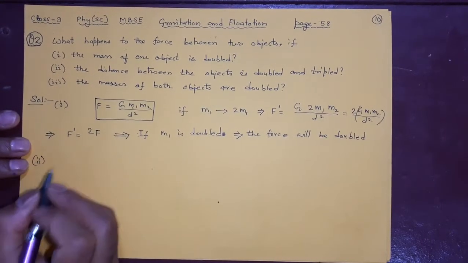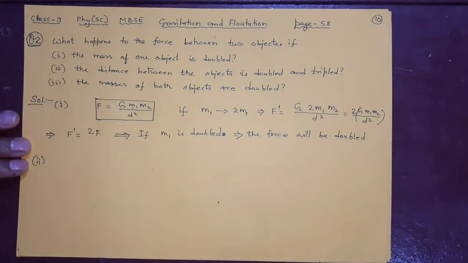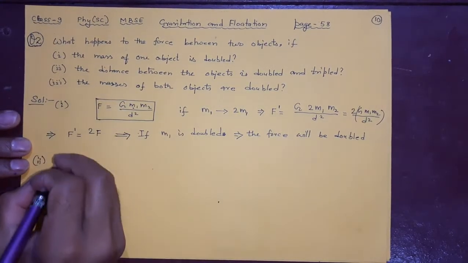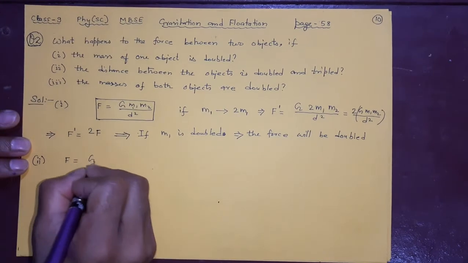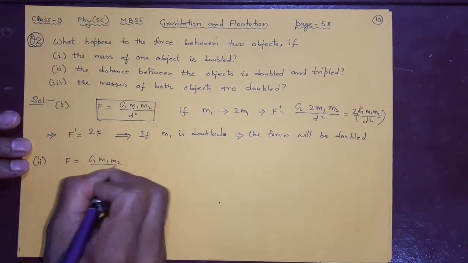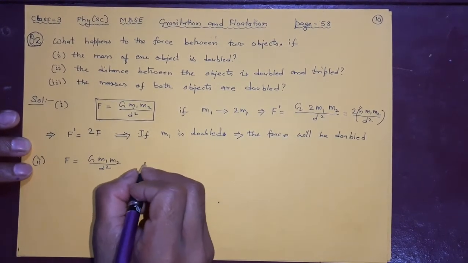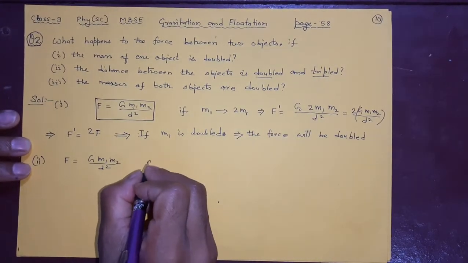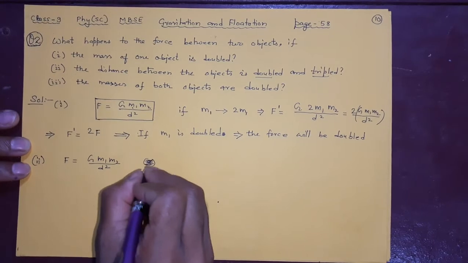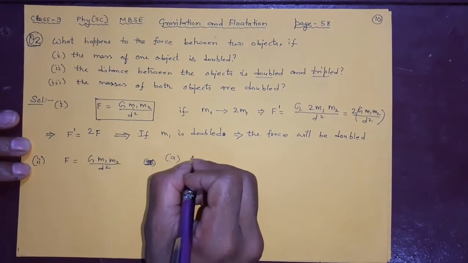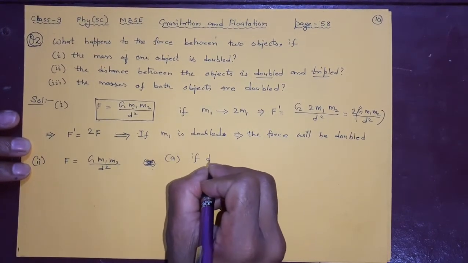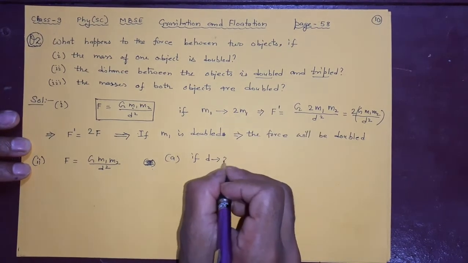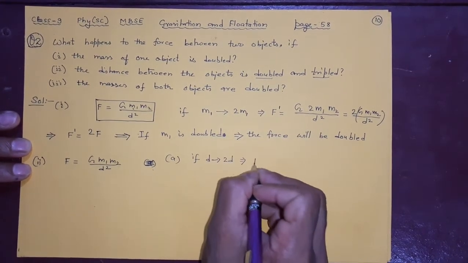Number 2, the distance between the objects is doubled and tripled, 2 times, okay. So F is equal to G m1 m2 by d square. Suppose here we can make 2 cases. Number A, here, if d becomes double, that means 2d, then what will happen to the force?